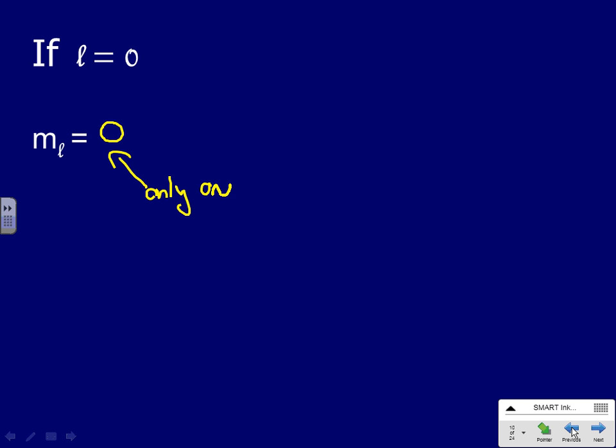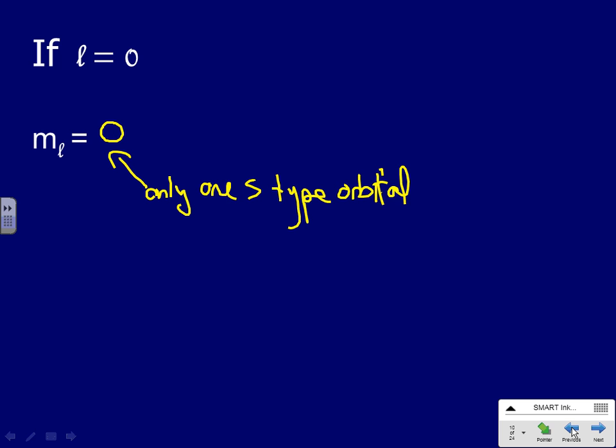Only one S-type orbital. All right? So if I'm dealing with L equals 0, it means it's an S-type, and there's only one. Always. You can see that on the orbitron picture.